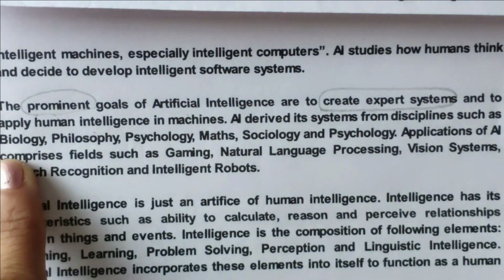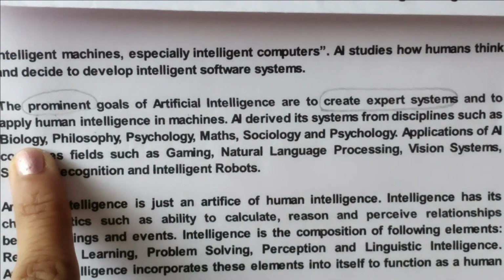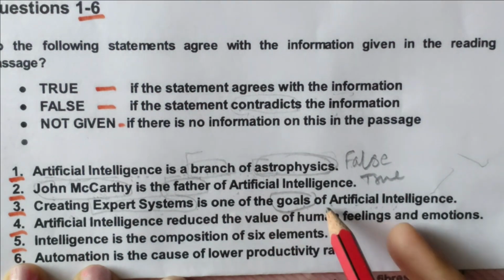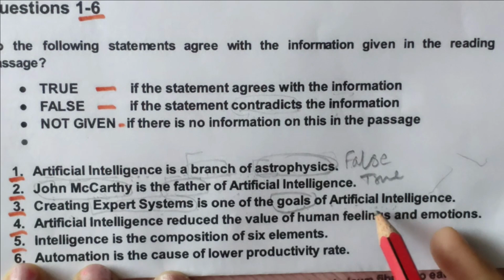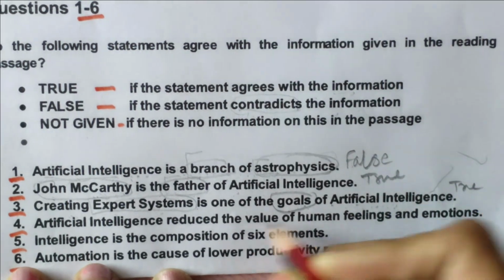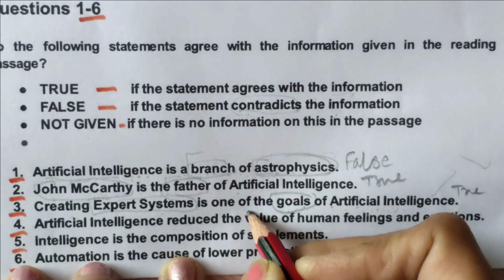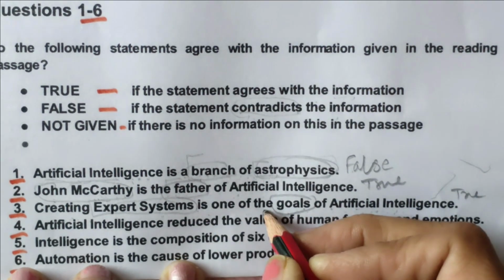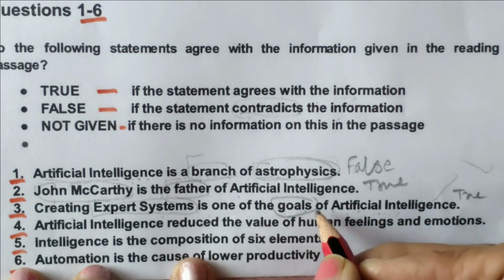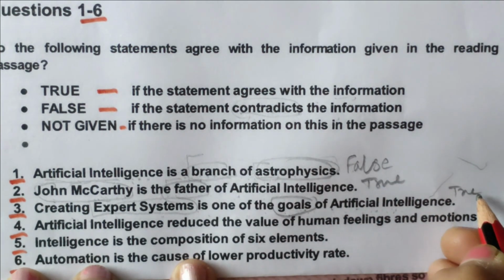So let's check the statement again. Creating expert system is one of the goals of artificial intelligence. Yes, it is right, it is true. Prominent means the main important, and here it is given one of the goals, aim is already there, goal is there, so we can just go with true.